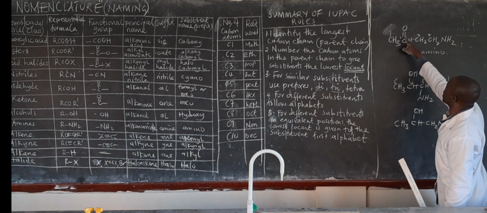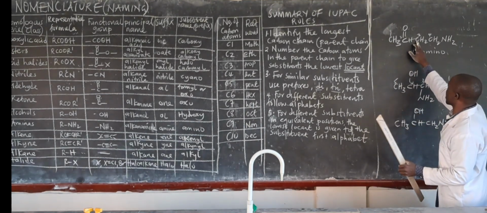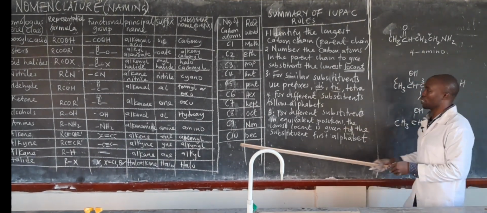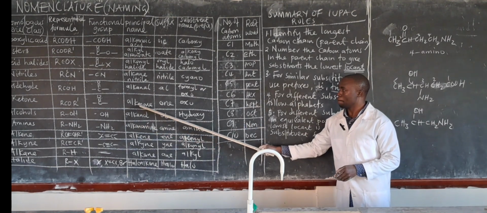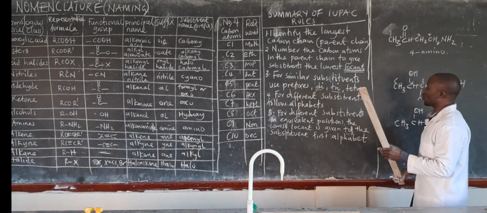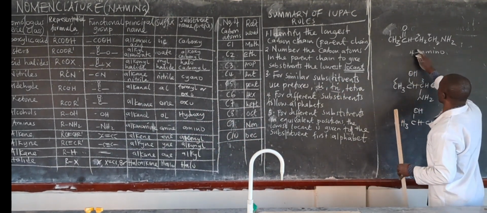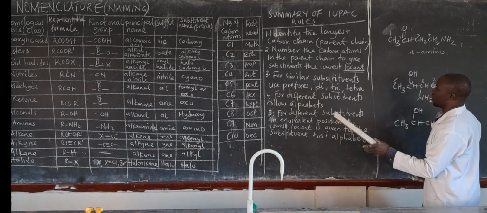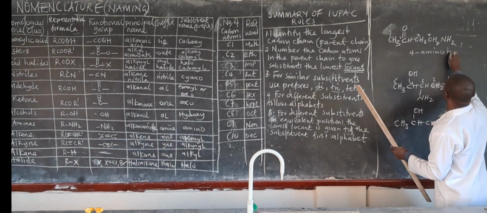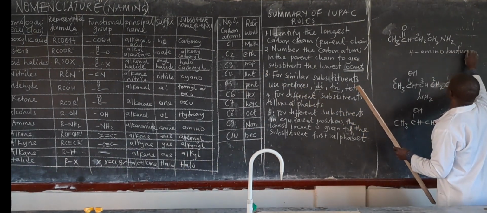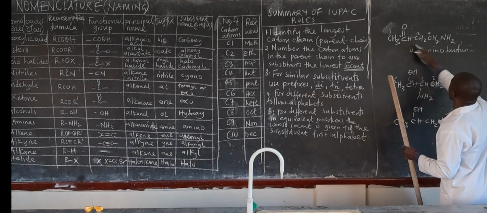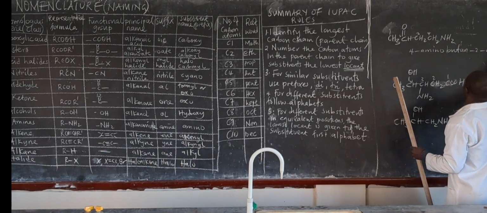So this has a functional group having carbon to carbon here, and it's a ketone. It's an alkanone here. So having 4 carbons, it is butanone, but position 2 for the functional group.